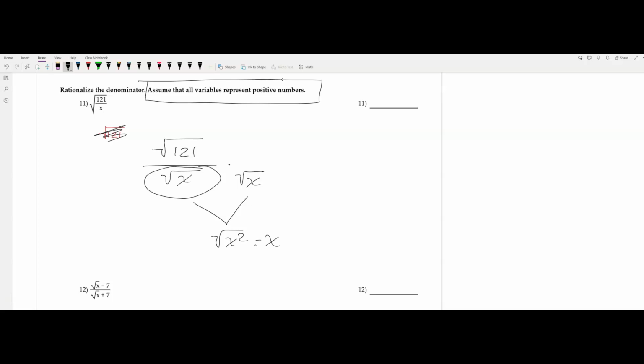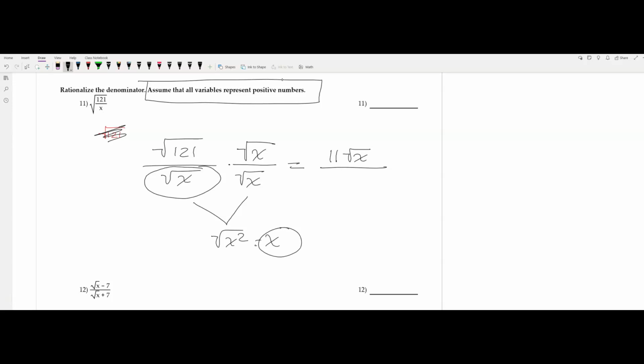But obviously, I want the expression to be equivalent. So if I multiply the bottom by the square root of x, then I need to multiply the top by the square root of x too, because the square root of x over the square root of x is 1, which makes it equivalent. Okay? And that's it. The square root of 121 is 11, and then you have 11 times the square root of x, over the square root of x times the square root of x.